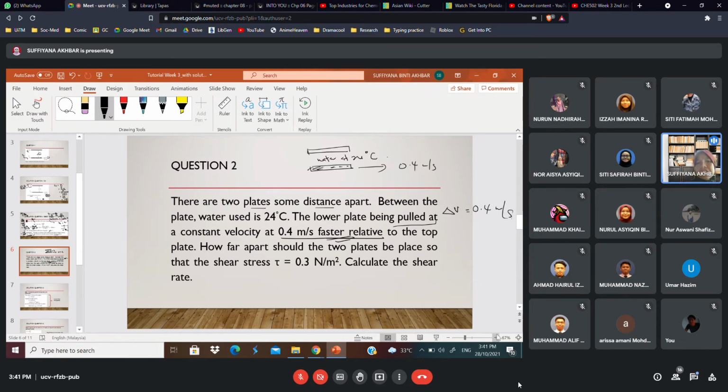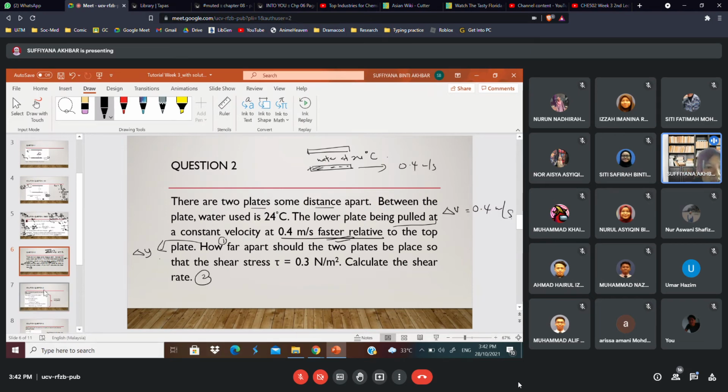How far apart should the two plates be placed so that the shear stress tau is 0.3 Newton per meter squared? This requires you to determine delta y, the distance. And second, calculate the shear rate.